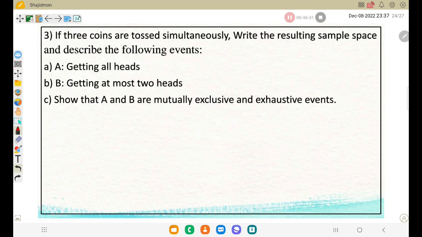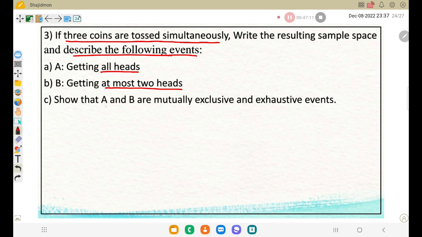Hope you understood. Now question number 3. If 3 coins are tossed simultaneously, how many coins are there? 3 coins are tossed simultaneously, then write the resulting sample space and describe the following events: getting all heads, getting at most 2 heads.